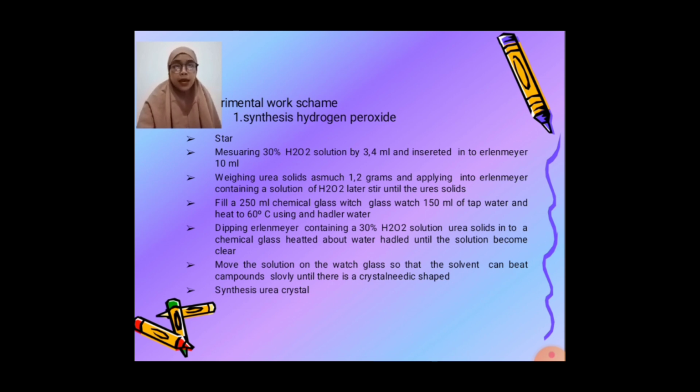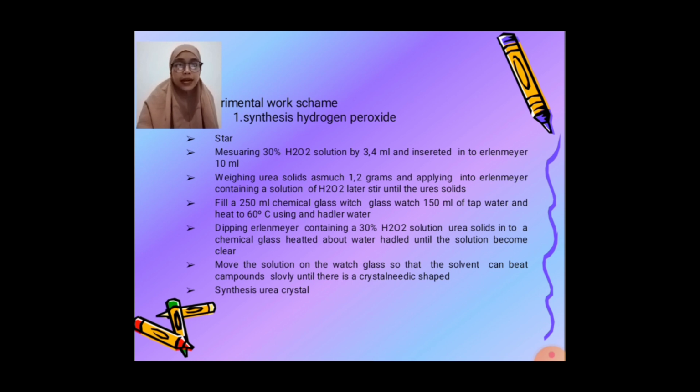Experimental work scheme. First, synthesis of urea hydrogen peroxide. Start by measuring 3.4 ml of 30% H2O2 solution and insert it into a 10 ml Erlenmeyer flask. Weigh 1.2 grams of urea solids and add them into the Erlenmeyer containing the H2O2 solution.